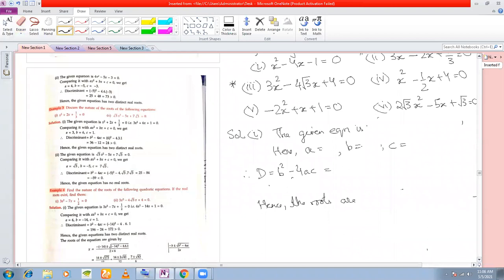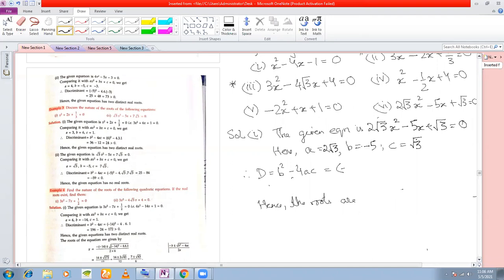The next equation is 2 root 3x square minus 5x plus root 3 equal to 0. Coefficient of x square is 2 root 3, so a must be equal to 2 root 3. Coefficient of x is minus 5, and the constant term is root 3. Just put it here.